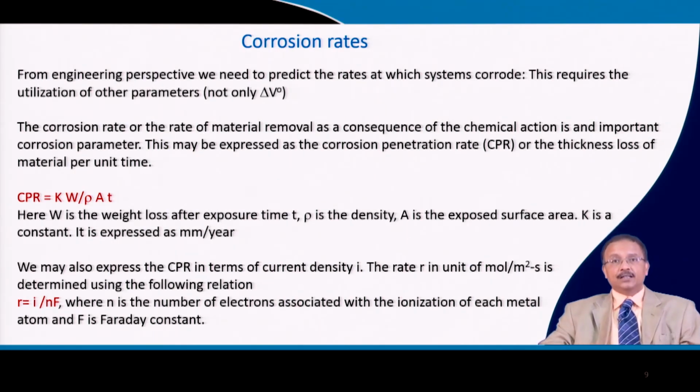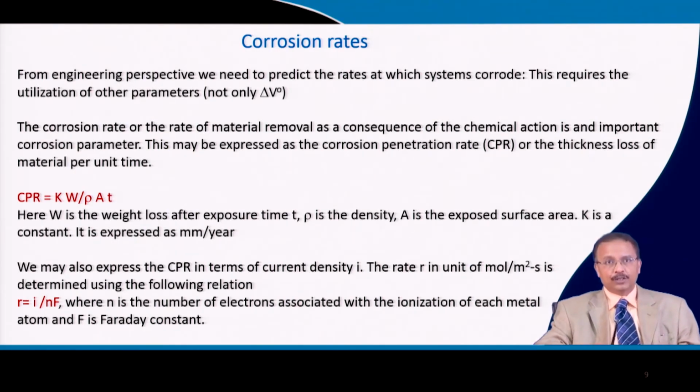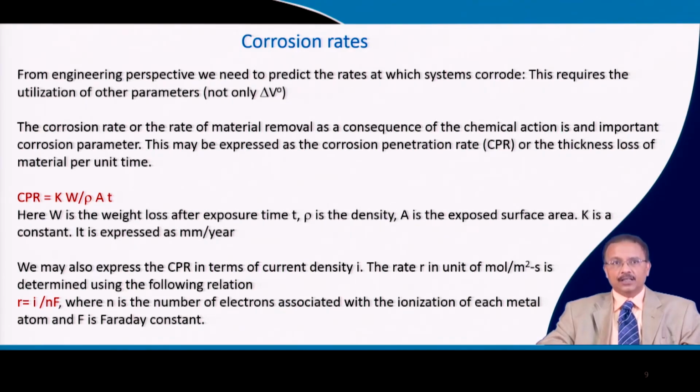From an engineering point of view, we need to predict the rate at which the system corrodes. This requires the utilization of other parameters, so not only del V 0 is sufficient. The corrosion rate, or the rate of material removal as a consequence of the chemical actions, is an important corrosion parameter.